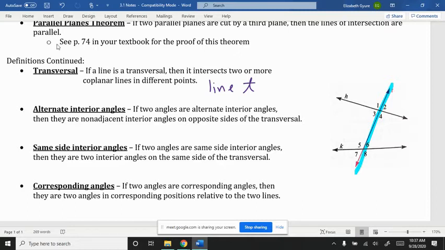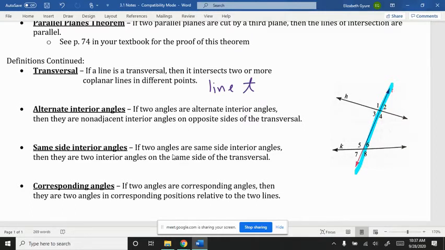Then we have a few angle relationships that happen when you have situations like this, when you have lines and a transversal is cutting them. Some special angle relationships are going to occur. Today we're more just focusing on identifying them, but then throughout the chapter we'll be talking about which ones are congruent versus supplementary, using their measurements to find other things, doing proofs with them, stuff like that.